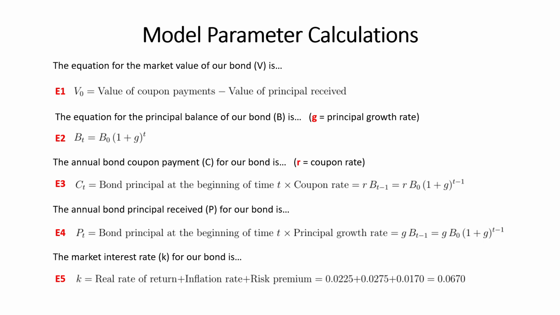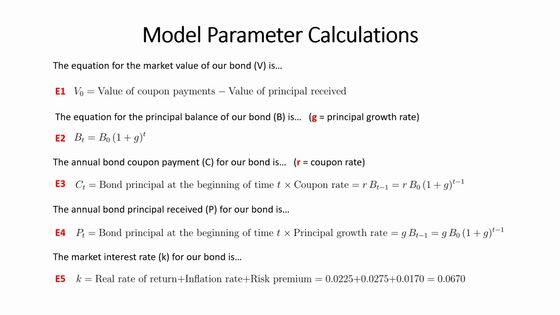Equation E2 looks at the value of the principal. This is actually not a value. It's just the principal balance, or the face value. Remember, it's going to grow, and here we're going to say it's going to grow at a rate of G, and G in our case is 3.5%. So the face value has a subscript T, which means it's time dependent.